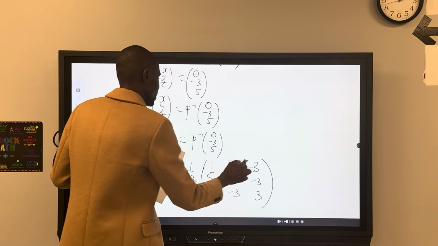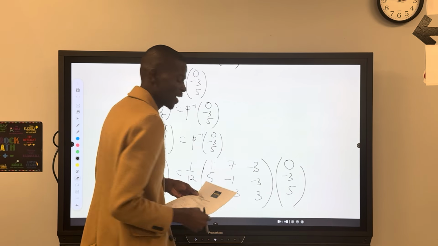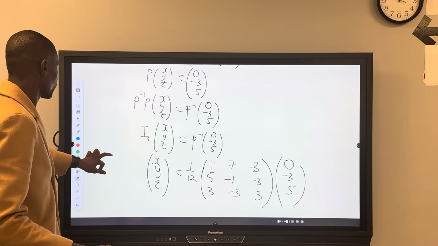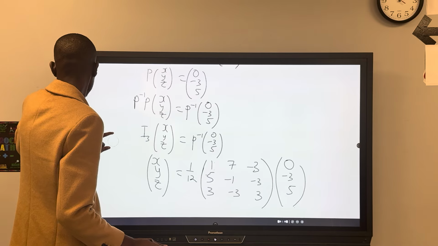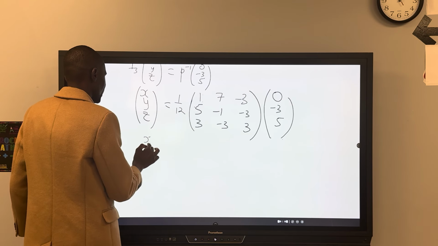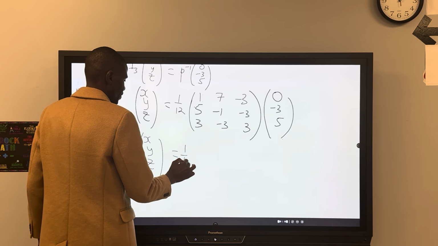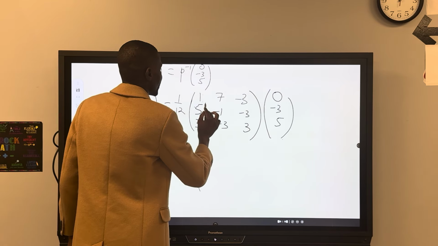Now this is being multiplied by 0, -3, and 5. When we multiply, we're going to get x, y, z equal to 1 over 12 times what we get.